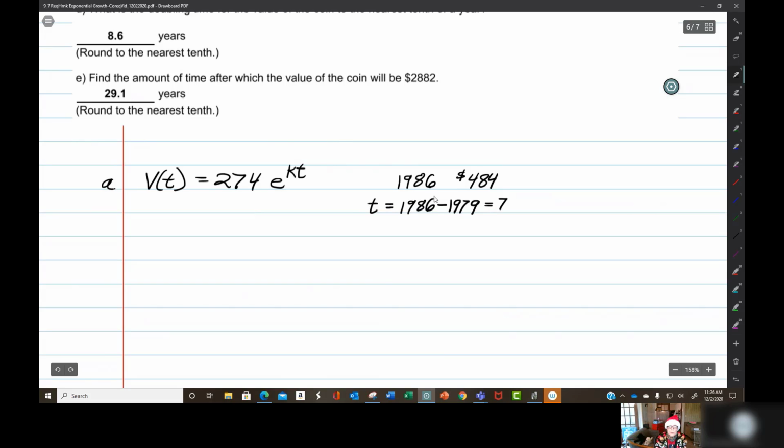So we can now do this. The later value, 484, equals 274 e to the k, we don't know what that is, but we do know that the number of years is 7.